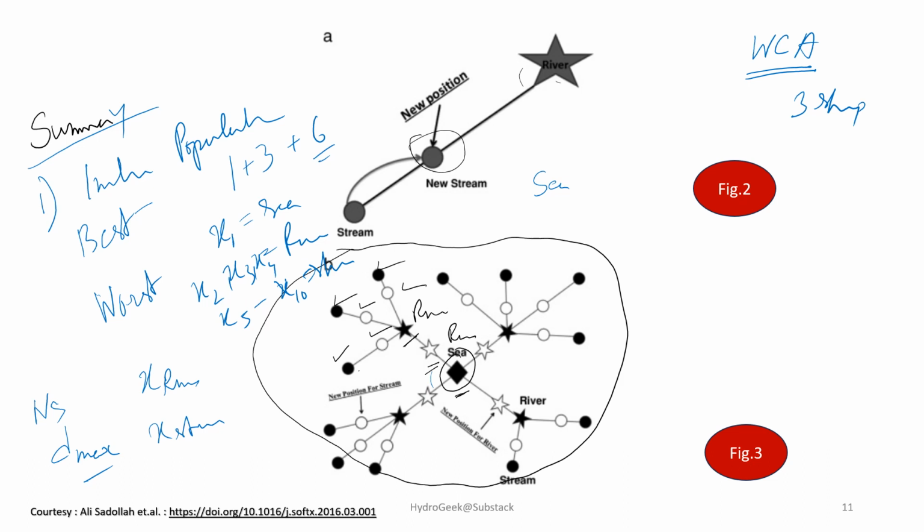And also due to the introduction of this Dmax to avoid local minima and this NS to avoid selecting more than the required number of population, that means the number of streams. So for these two advantages, many people prefer the water cycle algorithm over other metaheuristics.